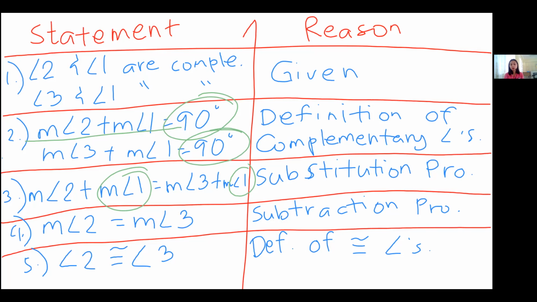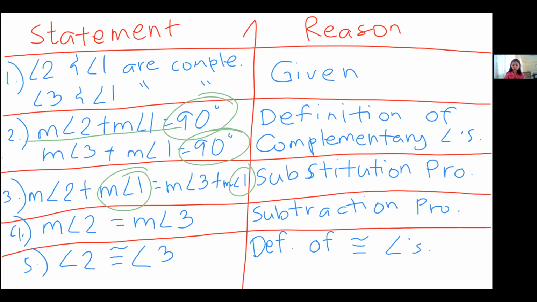Okay, ayan po yung mga naging proving po natin. Okay? Questions po about the two-column proof? Questions po, clarifications? Baka po meron before I proceed. Again, if you have any questions po, feel free to ask.